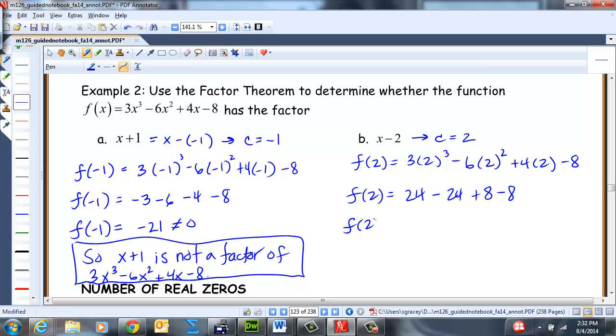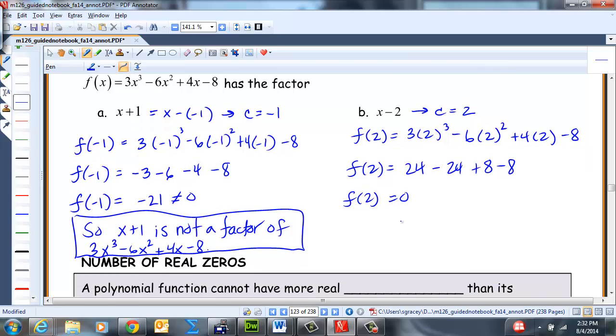So f at 2 is 0. So this one works. So x minus 2 is a factor of f at x, and f of x was 3x cubed minus 6x squared plus 4x minus 8.